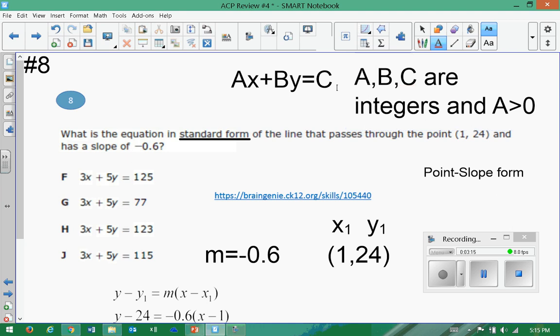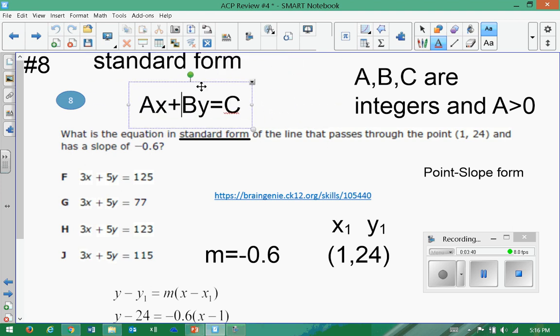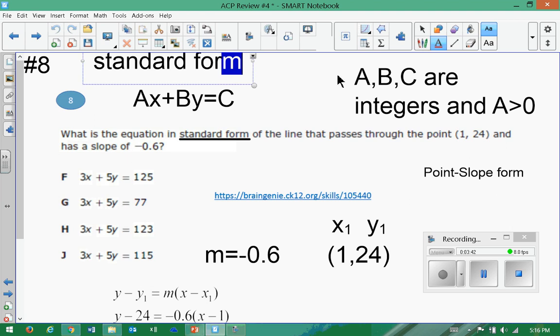All right. So those are the two requirements for a standard form equation. Remember, we want to be in standard form. Standard form again looks like that.